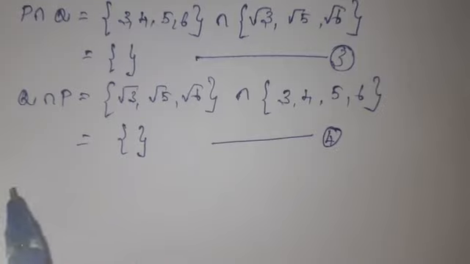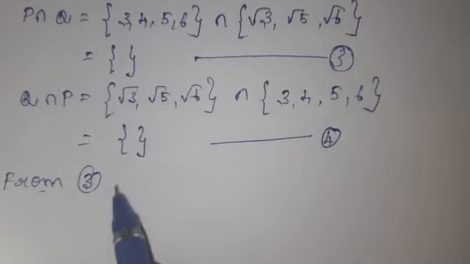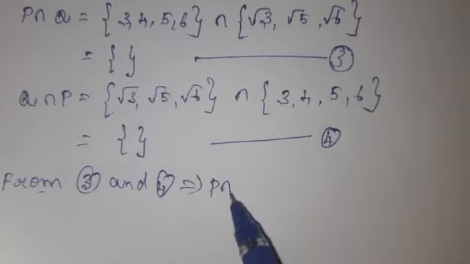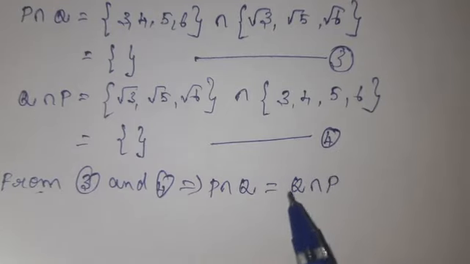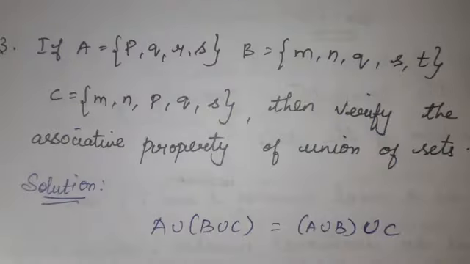From 3 and 4, it implies P intersection Q is equal to Q intersection P. That means both are equal. Therefore, it is verified that intersection of sets is commutative.